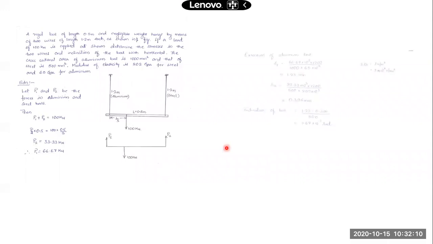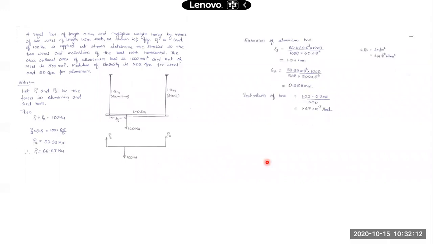So delta 2 is 0.396 and delta 1 is 1.23 mm. These are the values you are getting. If you have any other values, please tell, or if you have any difficulty in this. Okay, delta 1 and delta 2 are obtained now.